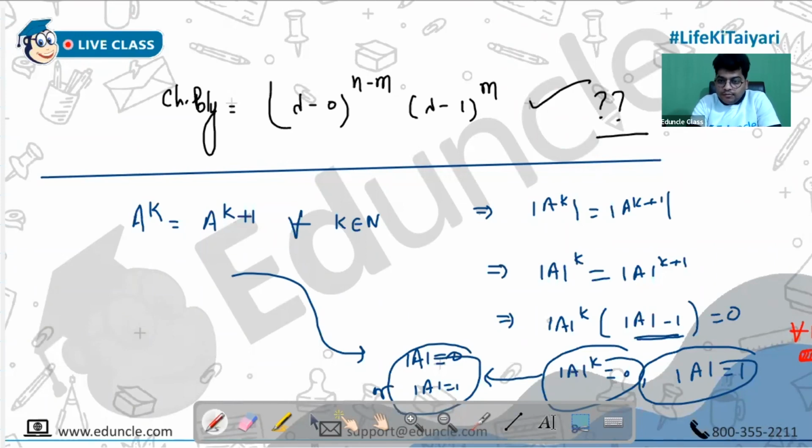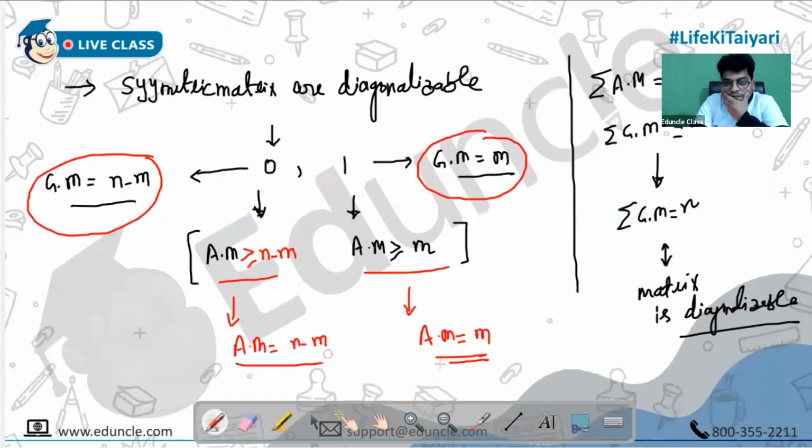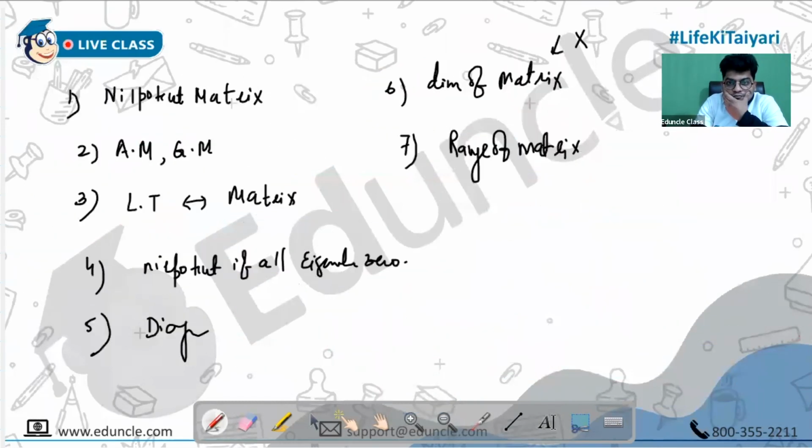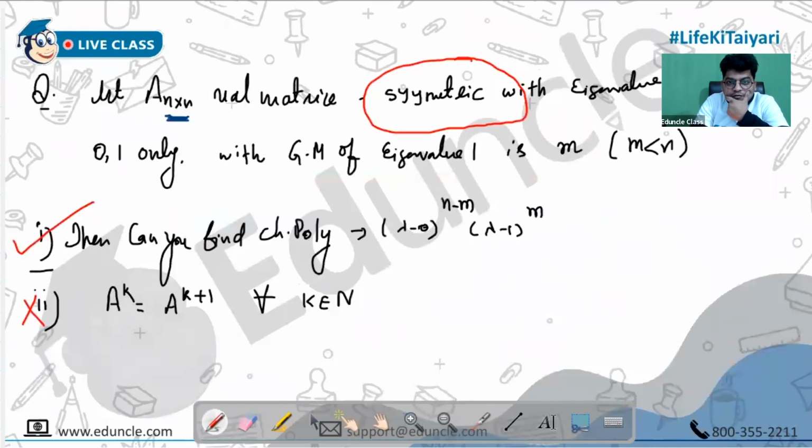No. So by this you cannot say. You are saying, sir, the geometric multiplicity seems right but this option is wrong. This option is wrong. Why is this option wrong?